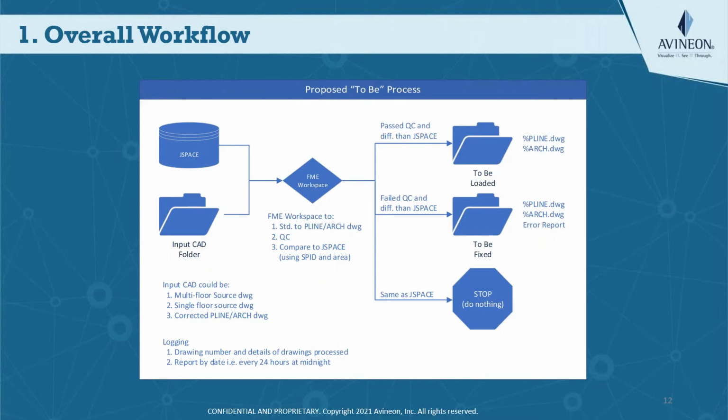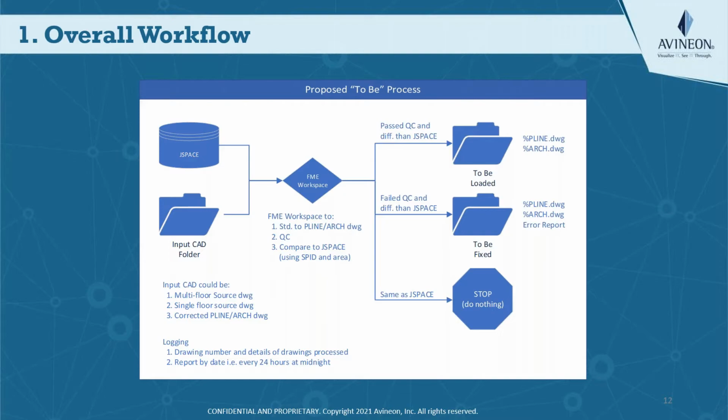It's then going to subject those to some QC to make sure, for example, every space has a label, that spaces don't overlap one another, all those kind of topological things that us GIS people think about. It's then going to compare these now standardized and QC'd building plans to the existing plans within the TRIRIGA database.